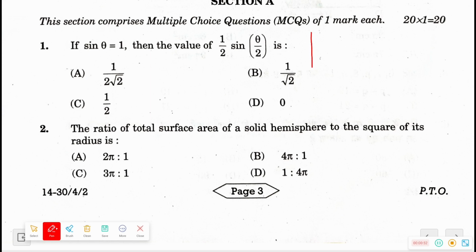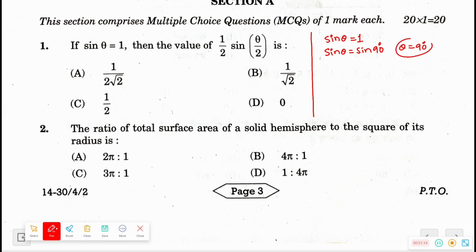Here it is given sin theta is equal to 1. We know that sin theta value is 1 at angle 90 degrees. So we can write sin theta is equal to sin 90 degrees, that indicates theta is equal to 90 degrees.